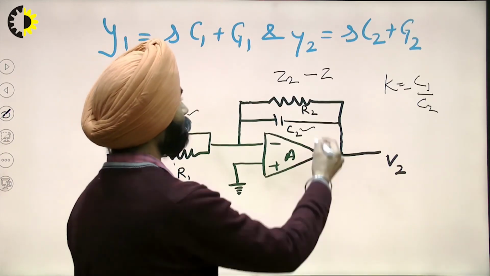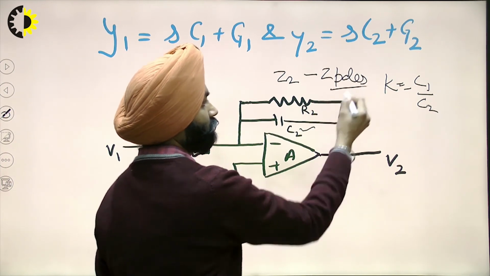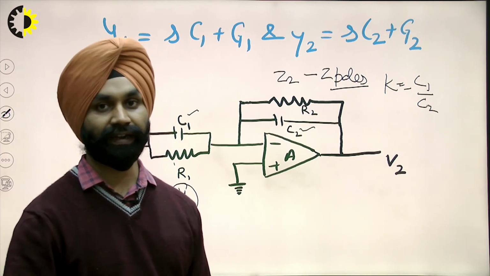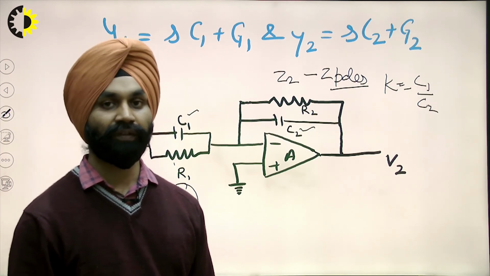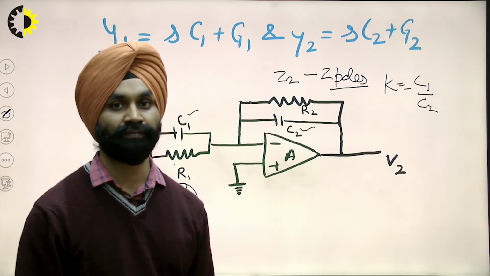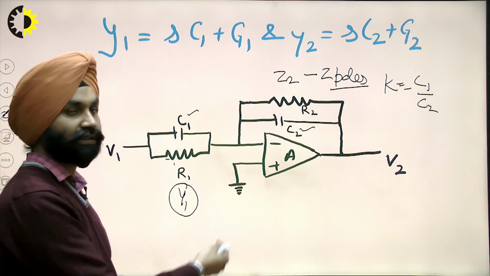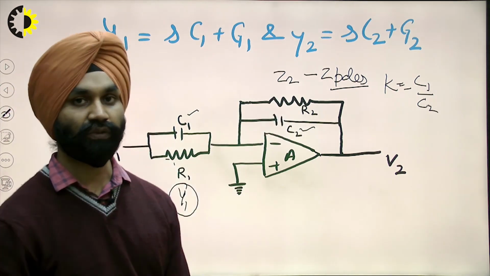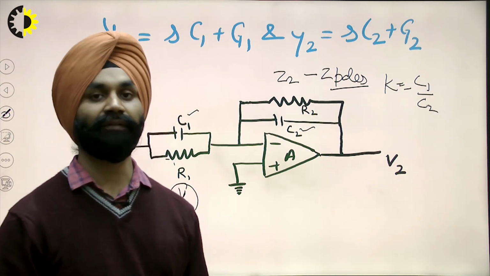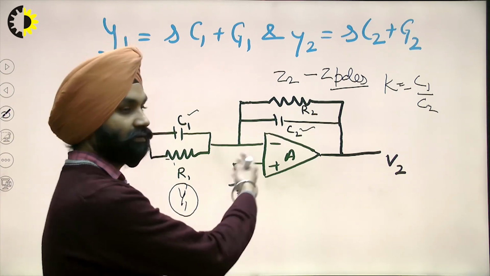That means it is responsible for the poles of the circuit. We have seen that zeros can be positive, negative or zero, whereas the pole should always be on the left hand side of the plane. So this can be taken as 0, but this cannot be taken as 0. So this is how we can implement our bilinear transfer function using these active components.